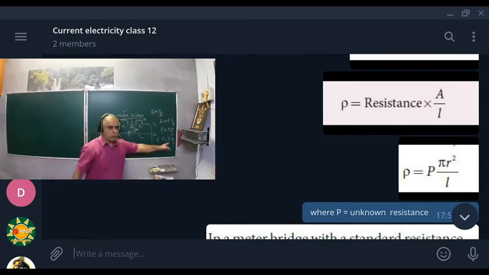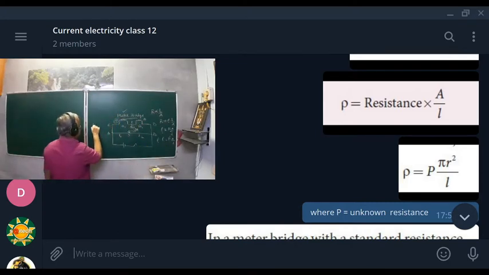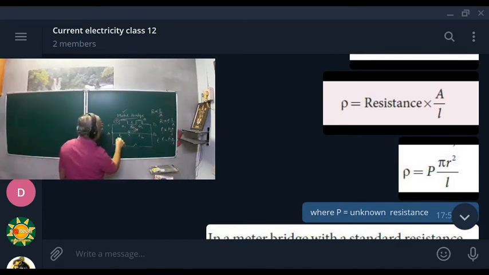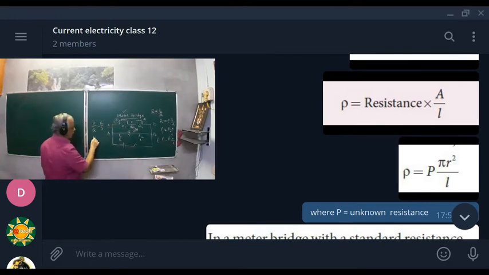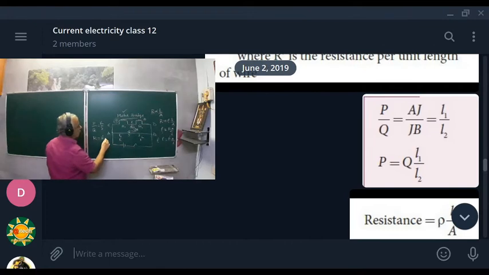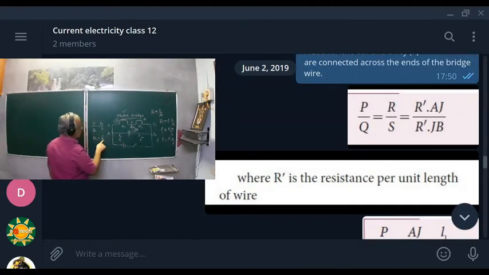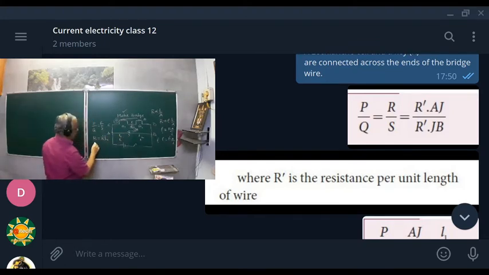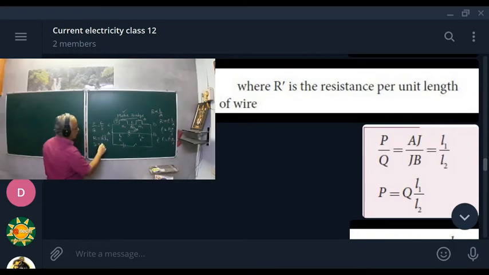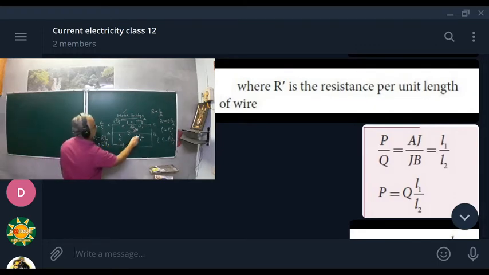How this resistance is arrived at is based on the Wheatstone bridge equation: P by Q is equal to R by S. This length is R, and this one is S. R can be given as R dash, the uniform resistance per unit length, times L1, which is nothing but AJ, and S is the same R dash with L2, that is this portion.